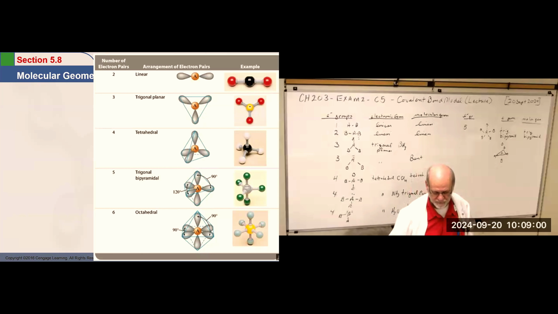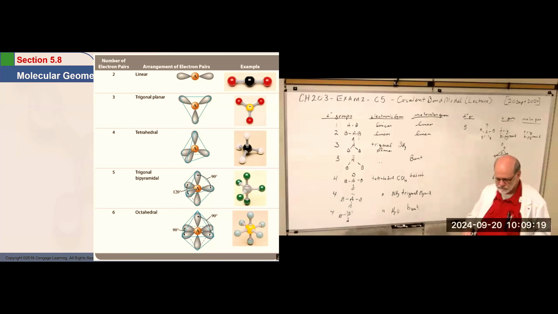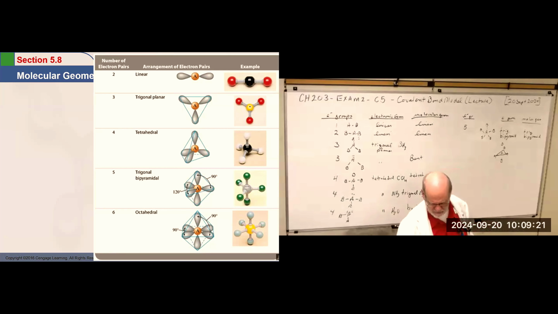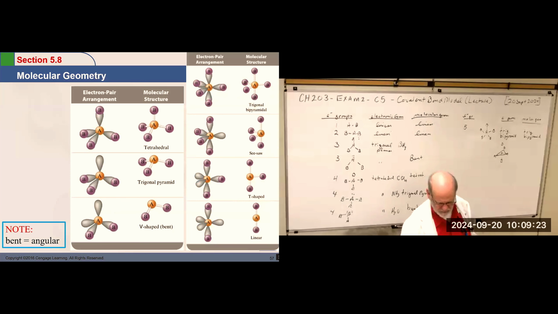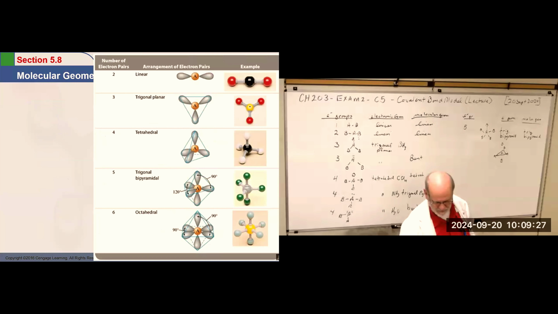Here we go. So there are the electron pairs and examples. Well, these are just models. They don't tell us the molecules, but they do give you a three-dimensional visualization. We're down to the 5, the trigonal bipyramid. I thought I had some examples in here. Hold on. No, I don't. Well, that's okay.